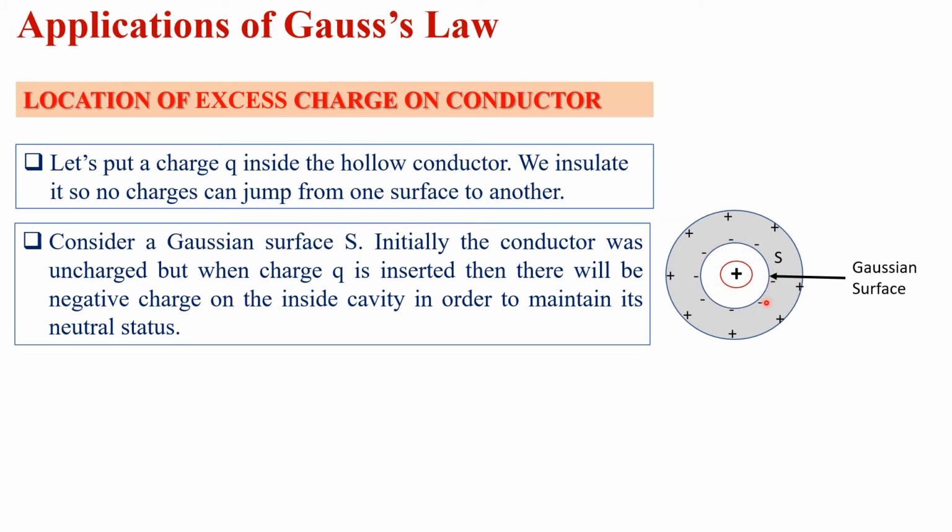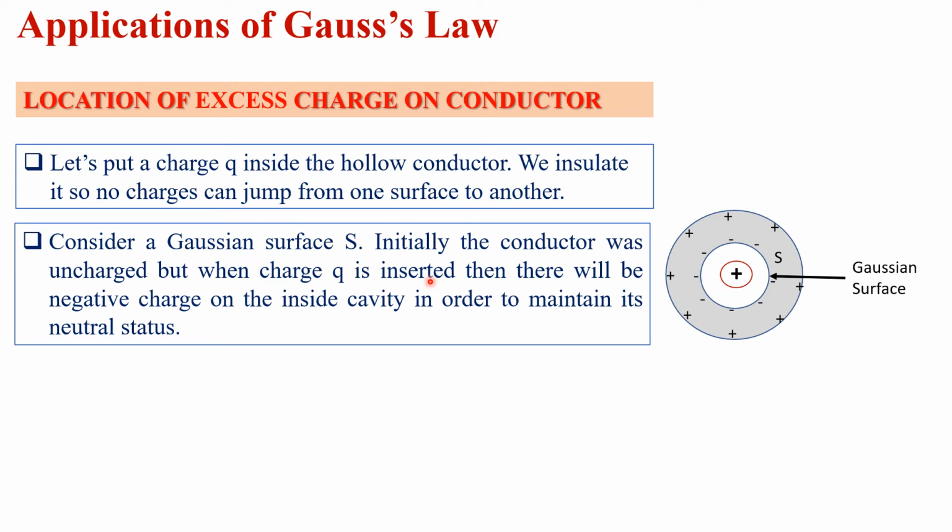Initially the conductor was uncharged, but when charge Q is inserted, then there will be negative charge on the inside cavity in order to maintain its neutral status. We enclose this positive charge with Gaussian surface S. Before putting this positive insulated charge in this hollow conductor, it was uncharged.